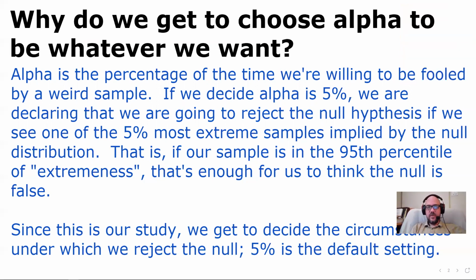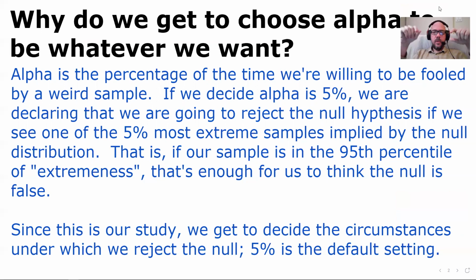So why do we get to choose alpha to be whatever we want? As the researcher, we are deciding, well, how often to be fooled, essentially. And when I say how often, what I mean is we're deciding what percentage of the samples are going to cause us to reject the null hypothesis incorrectly if we see them. And the null hypothesis is actually true, of course.